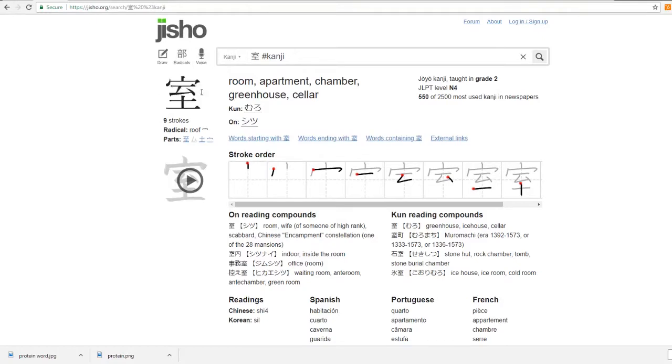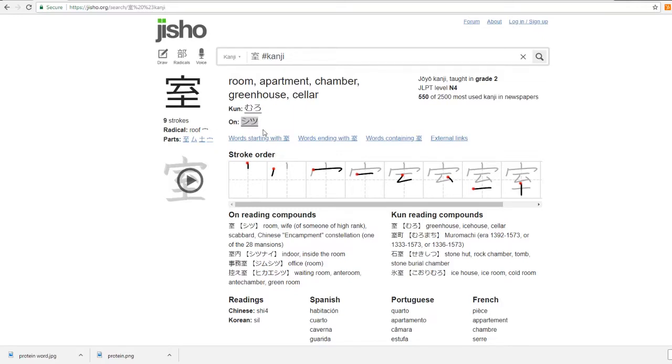Next one we're going to look at is room or apartment. So this has a few different components. It has ground. It has this here, which is I, myself. So you could look at this like the roof over yourself, and then the ground. This is your room. So if you have yourself and the ground and the roof, then that's your room.